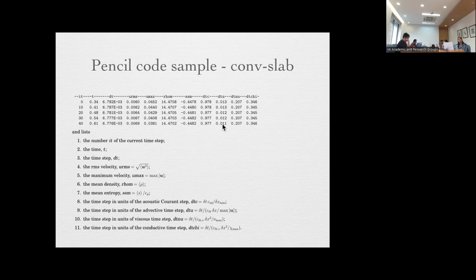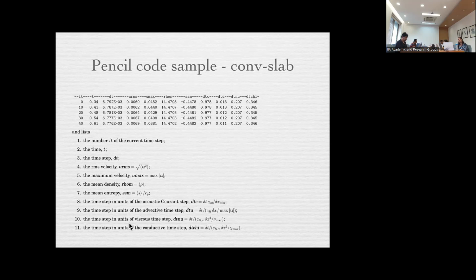DTU is the time step constraint from your hydro module. It is coming from the Courant condition, where you take dx by u, where u is your typical flow velocity. And for example, DT nu is coming from the time step constraint from the viscosity module. And similarly, DT chi is coming from the conductivity term of the entropy module.